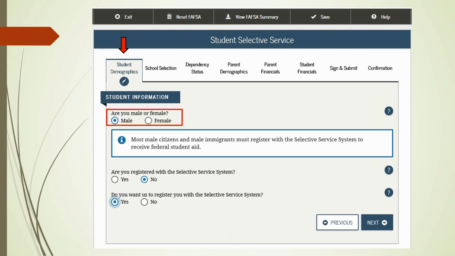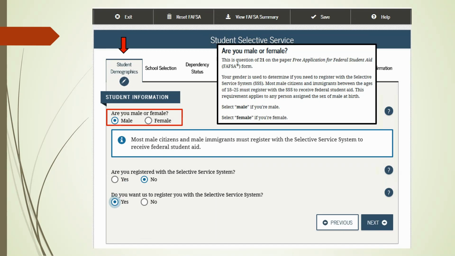The next question is going to ask whether you're a male or female, and they do apply this rule to say anybody that was assigned sex of male at birth has to answer male. And this was because we have to register with the Federal Selective Service.